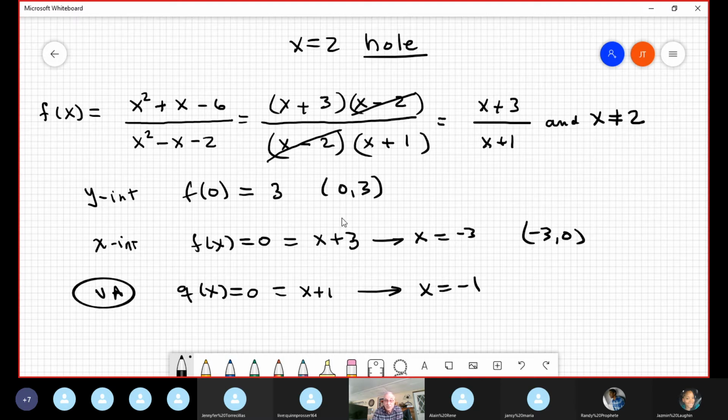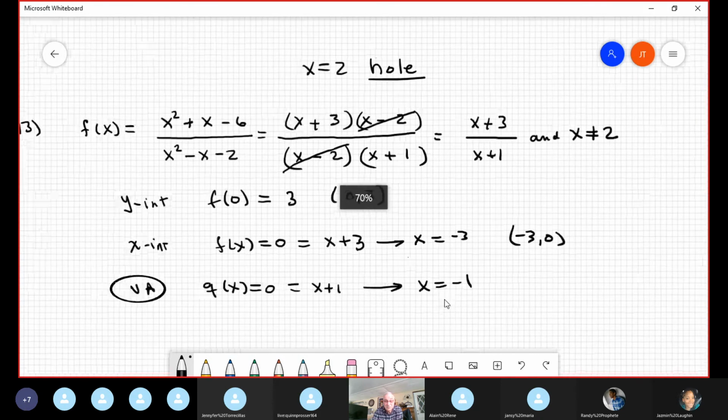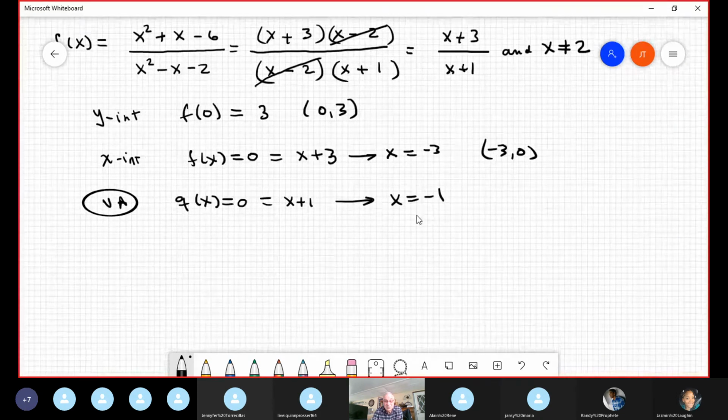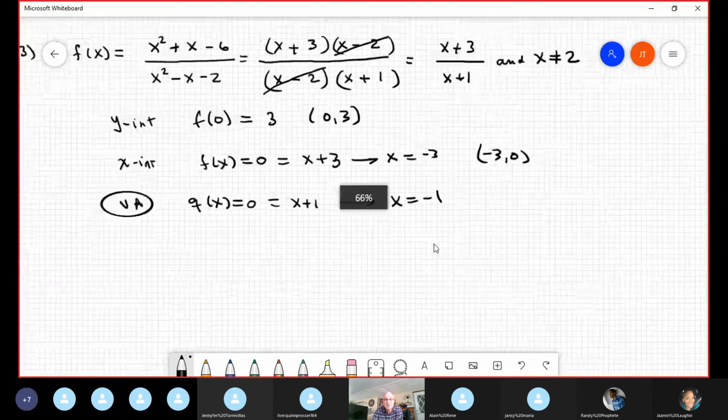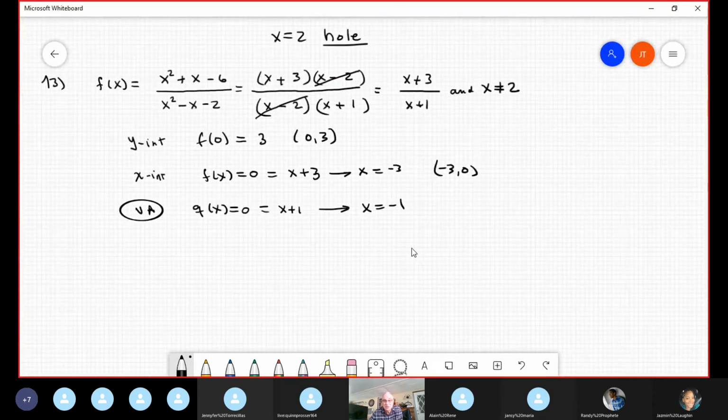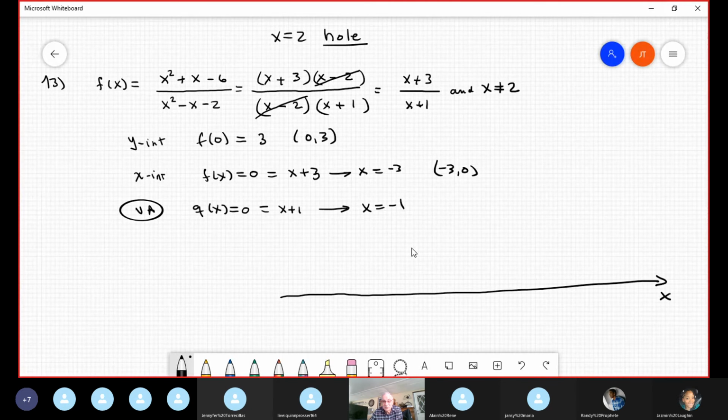Okay, so at this moment, let me try to start a roughly sketch. We have 0,3 on the y-axis. 1, 2, 3. We have the y-intercept and the x-intercept, negative 3. Negative 1, negative 2, negative 3.